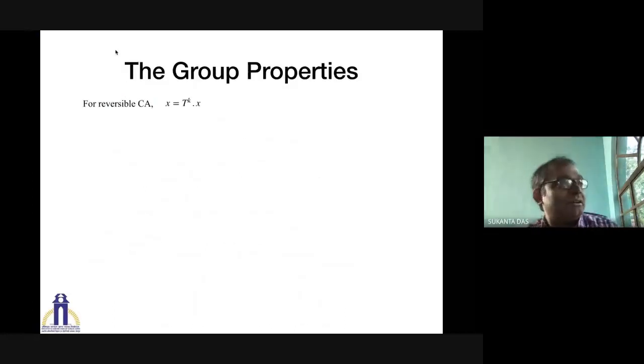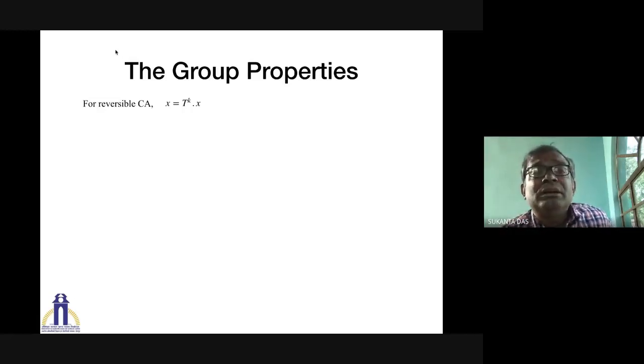Now, let us explore an interesting property of this reversible CA. This kind of reversible CA means we are talking about non-uniform finite reversible CAs, right?